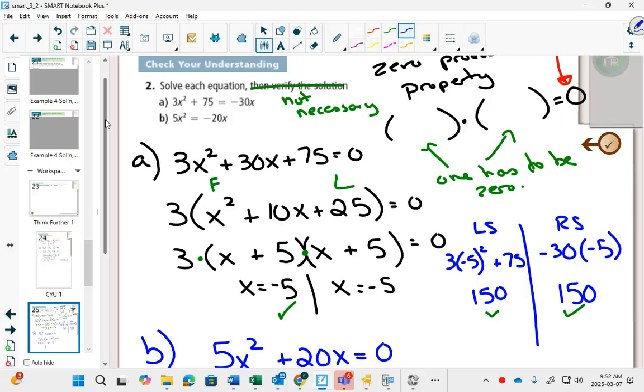For the negative 4, I get 80 here. 4 squared is 16. 16 times 5, also 80. So if you want, it's still not bad to check your answers, because checking your answers tells you, okay, not only did I do my work in the way I was supposed to, but since both of my answers worked, chances are my work is perfect all the way through.